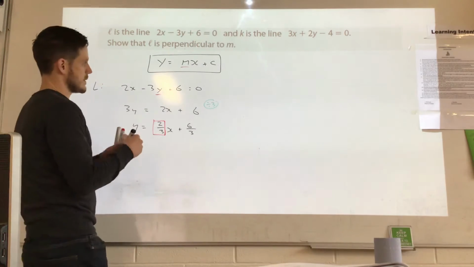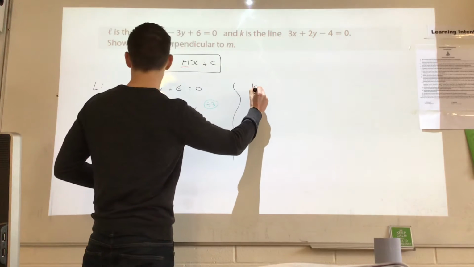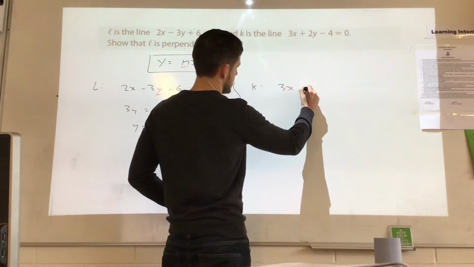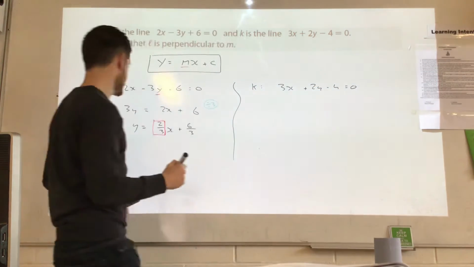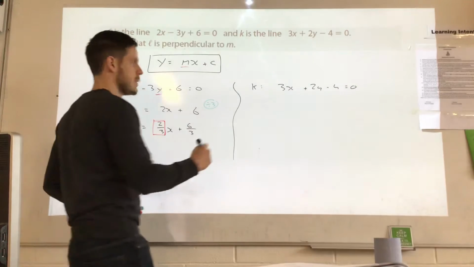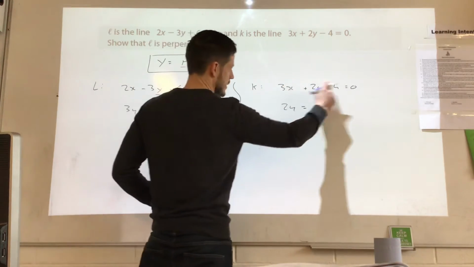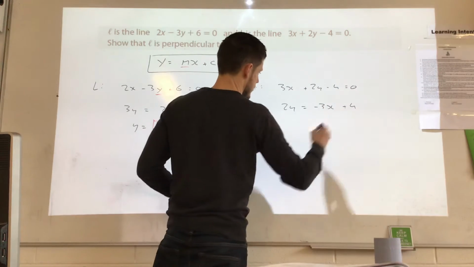Looking at the second one here, I have the line K. So K is 3x plus 2y minus 4 is equal to 0. Again, get y by itself, so 2y over here, bring everything over either side. That becomes a minus 3x over here. A minus 4 becomes a plus 4.